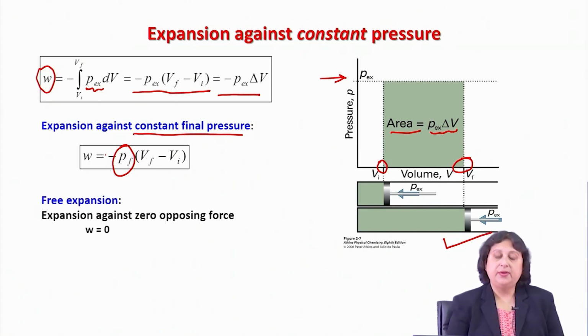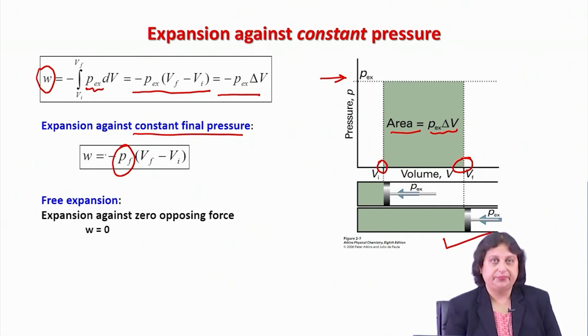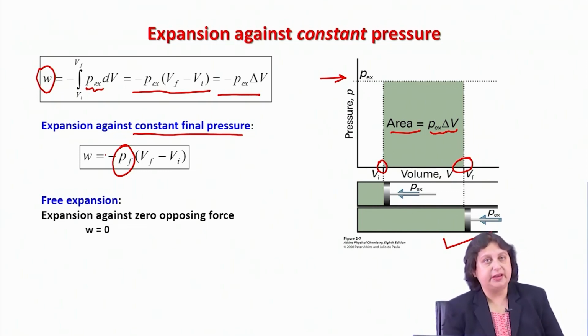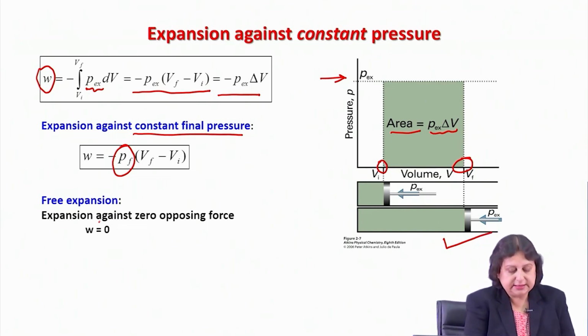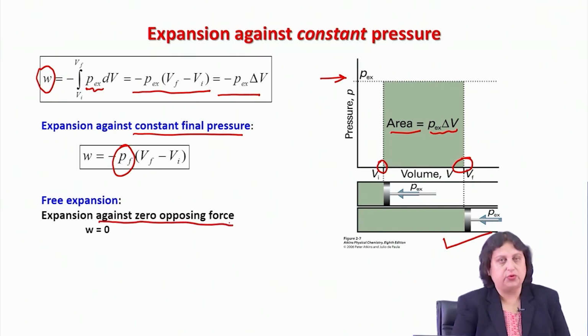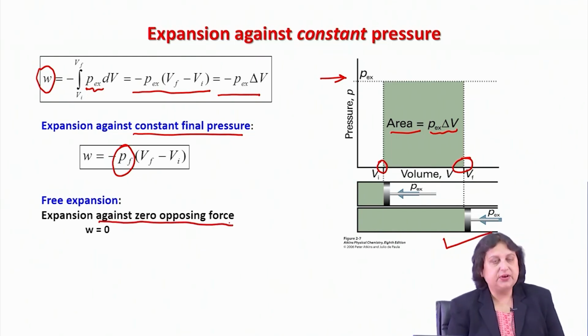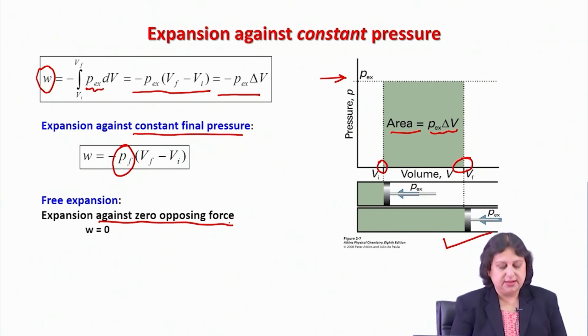Now, I have another situation which I call the free expansion. So, what is a free expansion? A free expansion is the expansion of a gas against zero opposing force. So, as far as this equation is concerned, this would mean that P external is equal to 0.